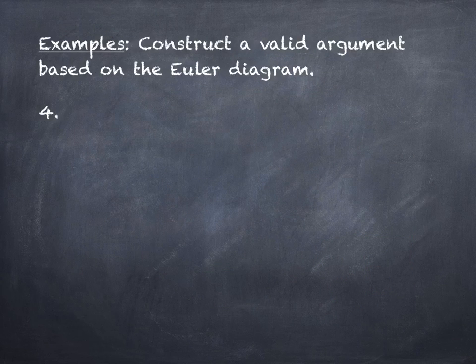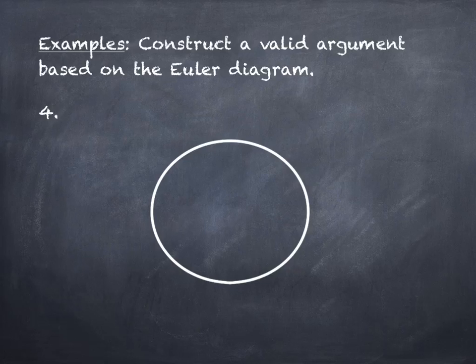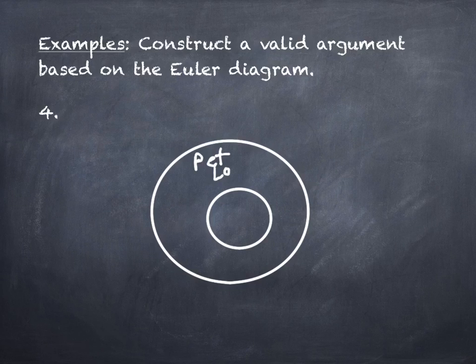All right, number 4 actually does the opposite. It actually gives us a picture. Let me draw the picture in for us. It should have already been drawn. I apologize. The picture on your paper, if you've printed this out, says pet lovers on the outside, and the inside says cat lovers, and there is an X on the inside.